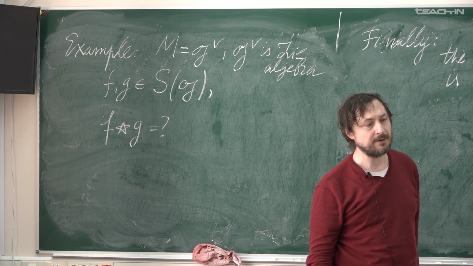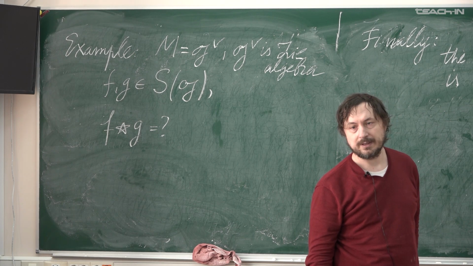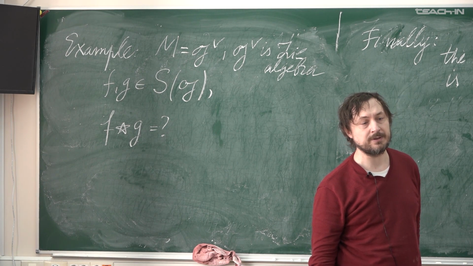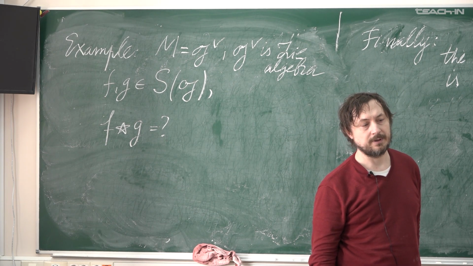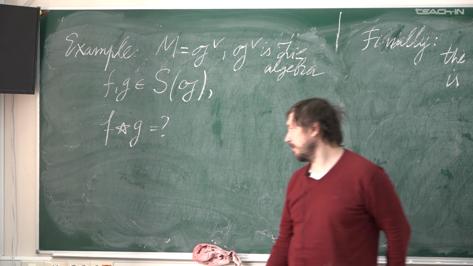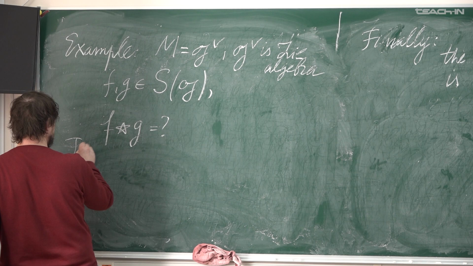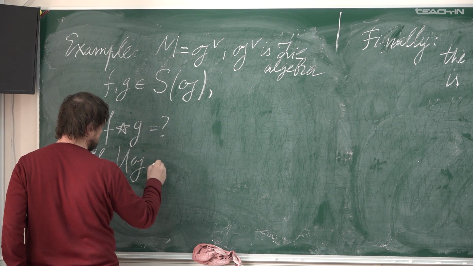I wonder whether you have heard about this theorem or not. I just wonder whether you have talked about the universal enveloping algebra before. Yes? Okay, nice. So let us take the universal enveloping algebra Ug of g.